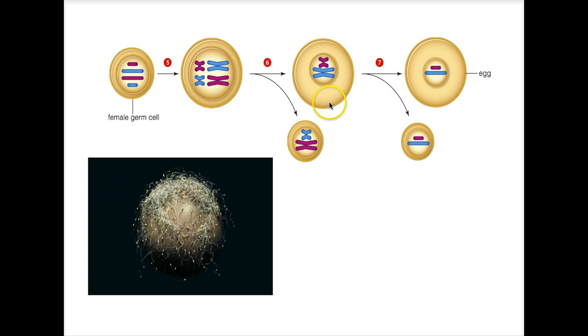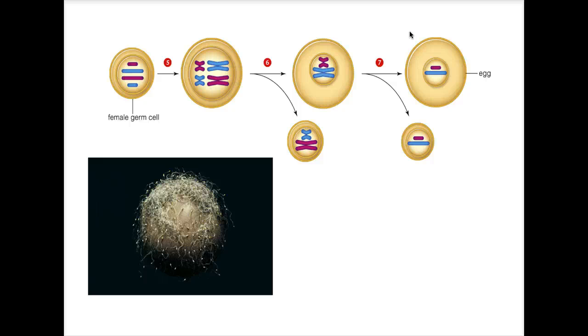So as we go through our divisions of meiosis 1 and meiosis 2, our cytoplasm does not equally divide, it unequally divides. But we still need all the divisions to occur so that we end up going to a haploid state.